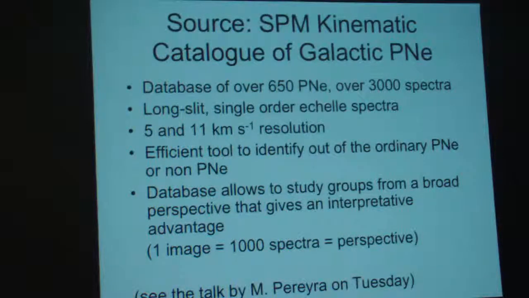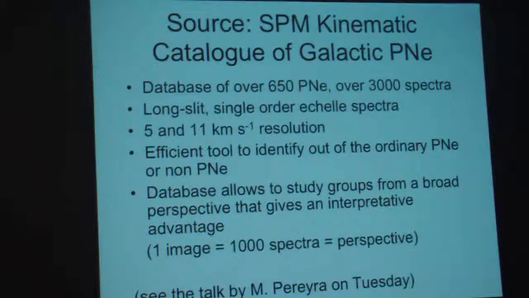Okay, so the data we're using is from our catalog, the SPM Kinematic Catalog of Galactic Planetary Nebulae. The database now has over 650 planetary nebulae, more than 3,000 spectra, maybe 3,500. This is largely single-order echelle spectra with essentially two types of resolution, 5 and 11 kilometers per second.